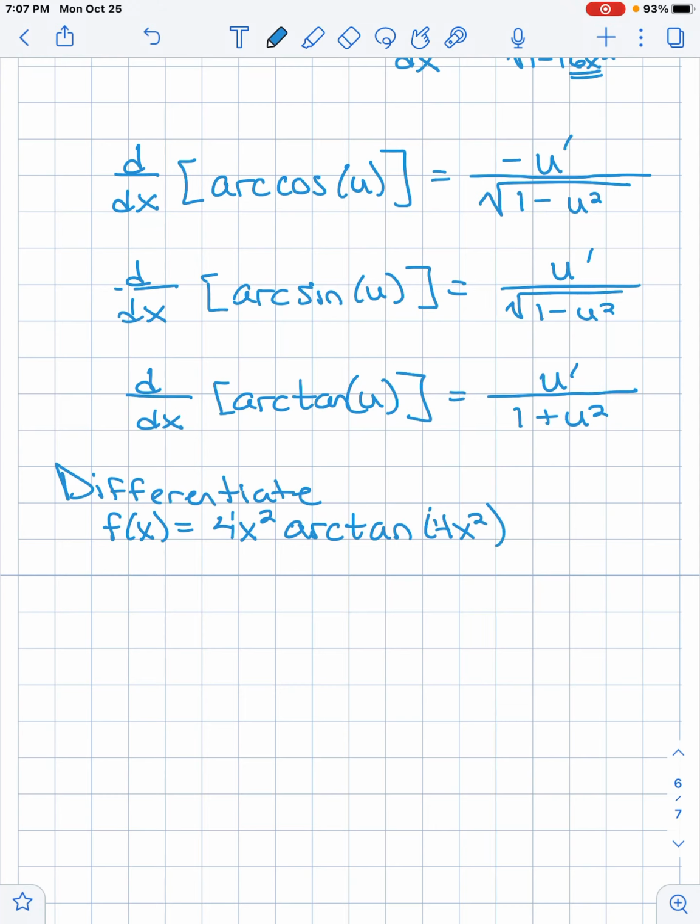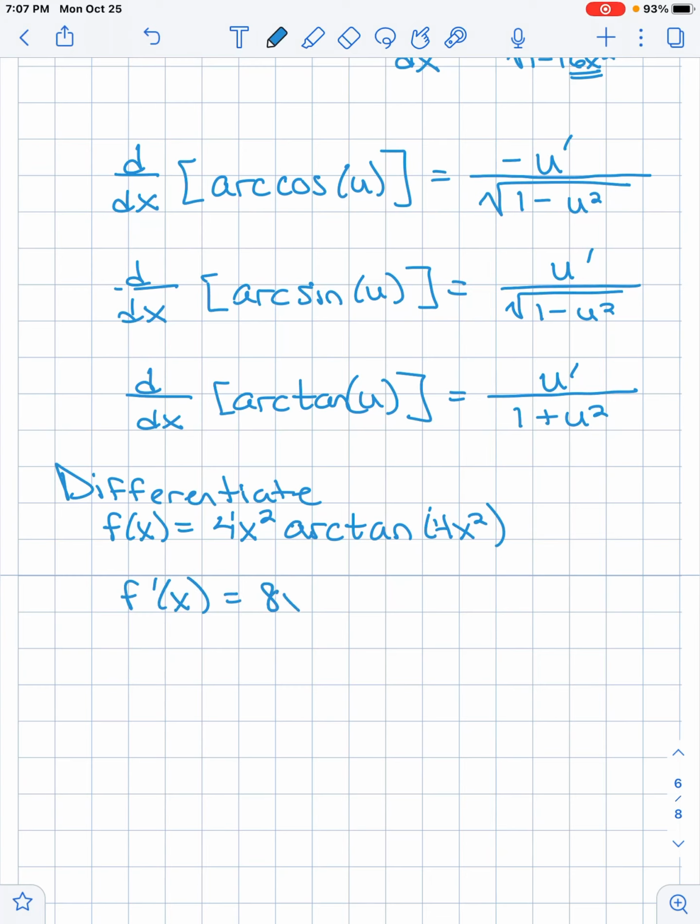Let's be interesting here. I'll just do this one through with you. If you'd like to pause, go ahead, but I'm just going to get started. So the first thing I notice is that I get to use the chain rule, and I get to use the product rule. Product rule because it's 4x squared times the arctangent, and chain rule because 4x squared is inside the arctangent. So let's use the product rule first.